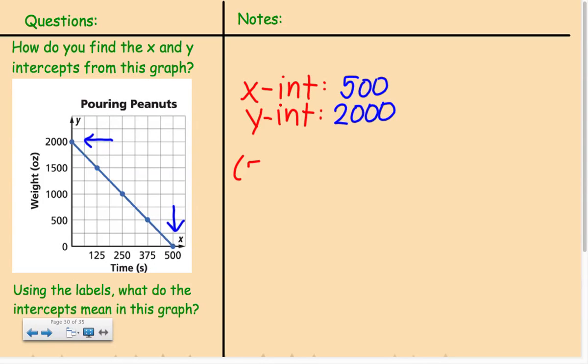So the first one is 500, 0. My second one is 0, 2,000. So for 500, 0, that would mean after 500 seconds, there are 0 ounces of peanuts. And for my second ordered pair, after 0 seconds, there's 2,000 ounces of peanuts.